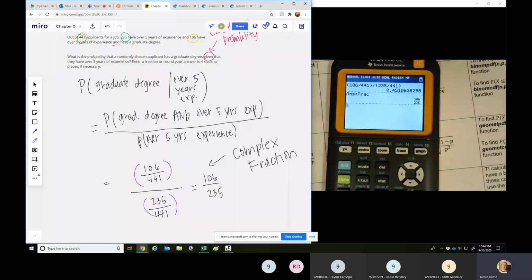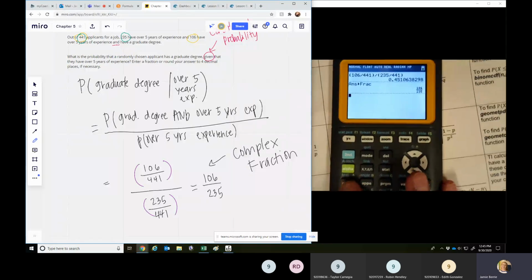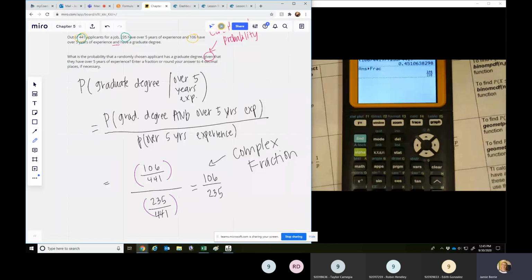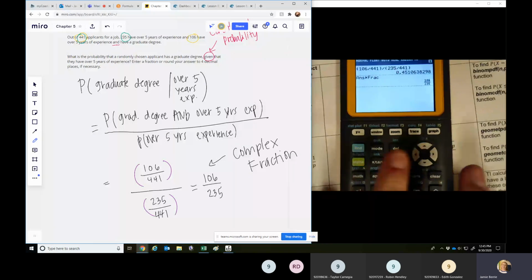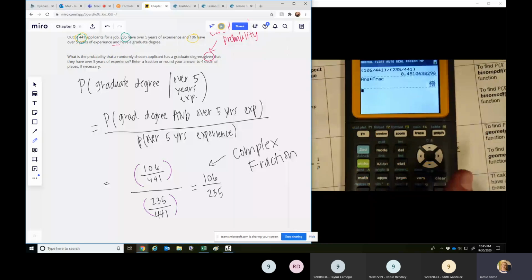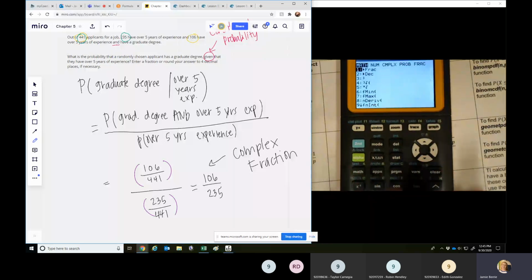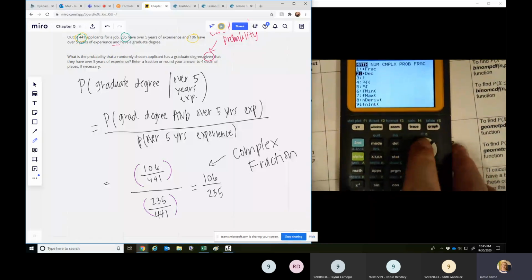Again, all the answers to the questions on the quiz will be given to you in decimal form. So make sure you know how to convert between decimals and fractions on your calculator, just in case. On this calculator, which is the TI-84, and it'll be the same for a TI-83, you click Math, and then it's these first two options here.